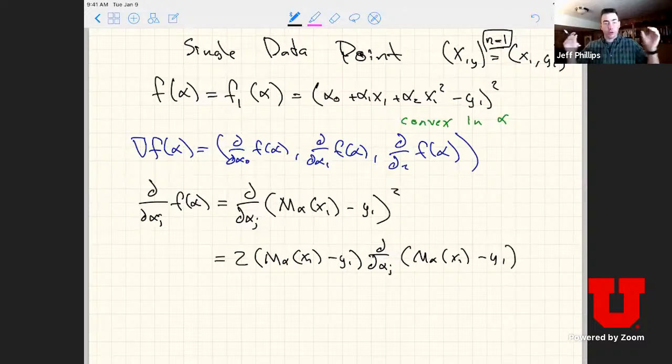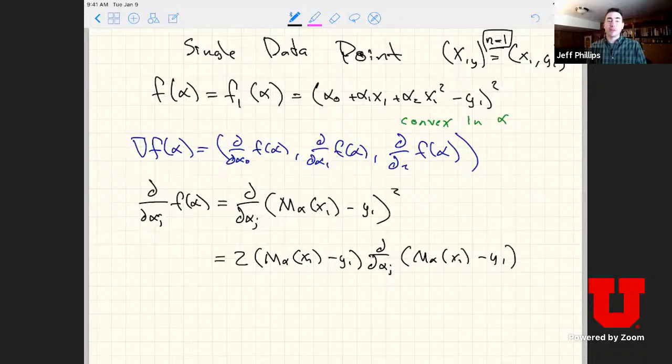I've done the product rule over m alpha of x1 minus y1 times itself, or you can think of it as the function rule, whichever way you want to derive this. And there's this 2 out front. In some cases, this 2 is going to stay up front the whole time as a coefficient.